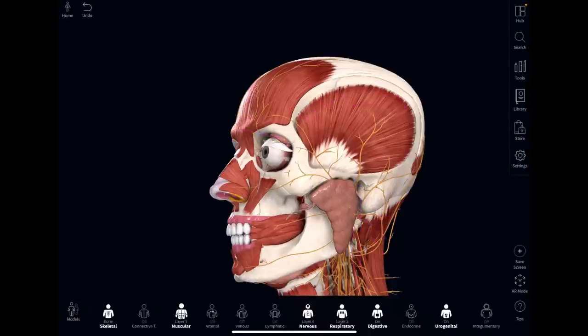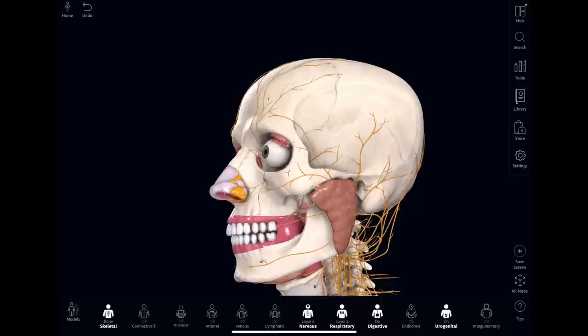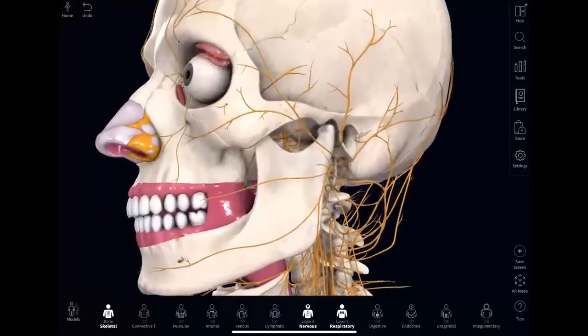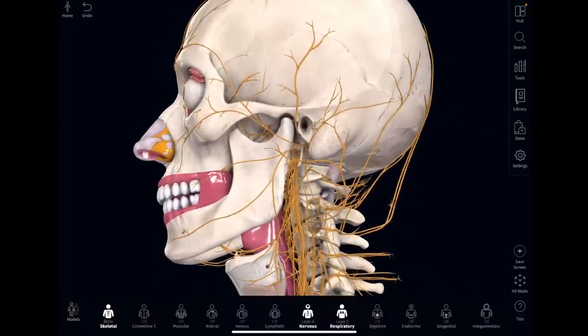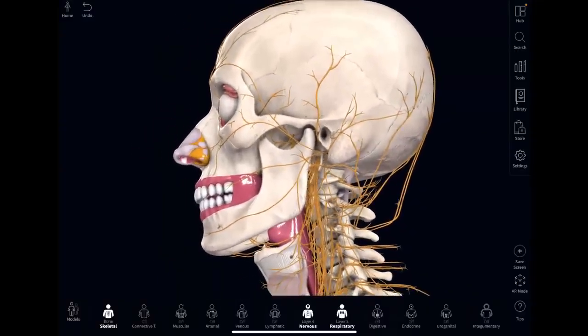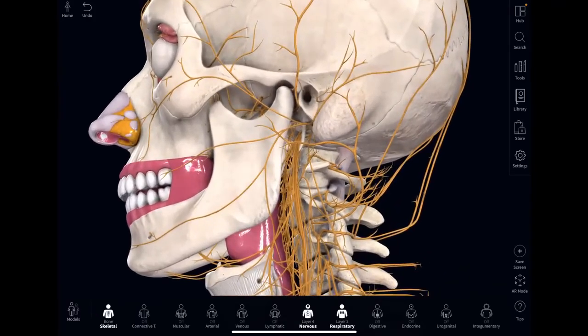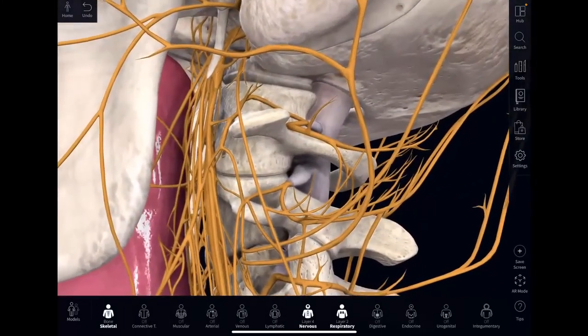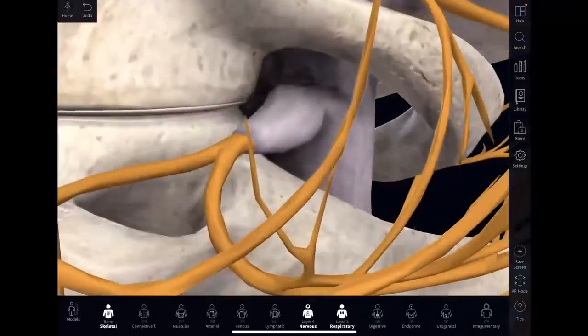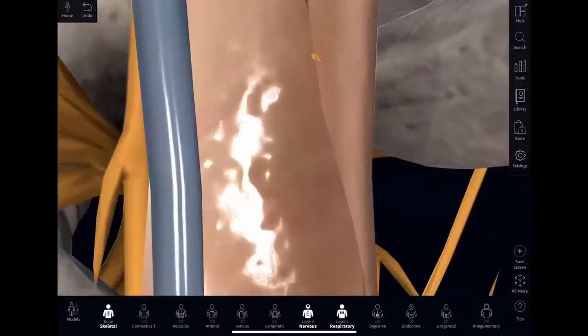Now let's go down to the brainstem itself. Let's get rid of the muscles. Let's get rid of the glands. Okay, so if we're looking back, your reticular activating system is going to be inside. Let's see if we can get in there just by getting past the structures here.